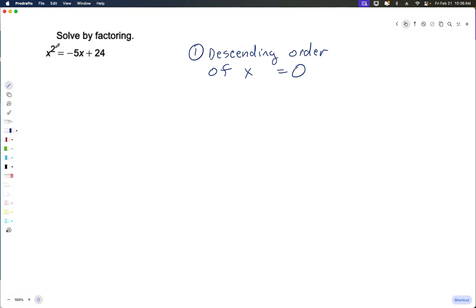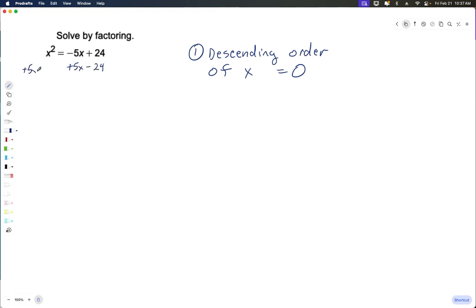I know that if we moved this over, it would be fewer steps and fewer numbers moving around, but because we want this to be positive, it's easier than moving it over and then having to multiply everything by -1. So we're just going to add 5x to both sides and subtract 24 from both sides.